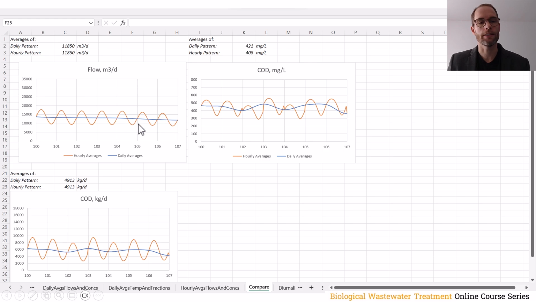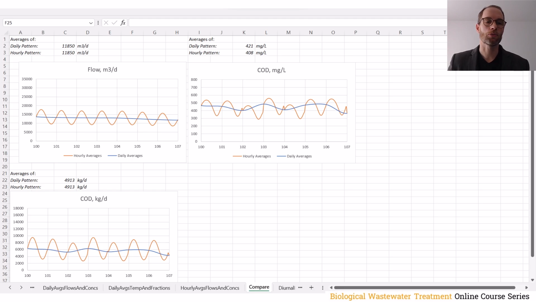And you can see that the interpolated hourly averages based on our sinusoidal loading pattern oscillate around those averages very nicely. When we calculate the average for the entire data set, for the daily pattern and the hourly pattern, we get the same average. So there's no loss of information.